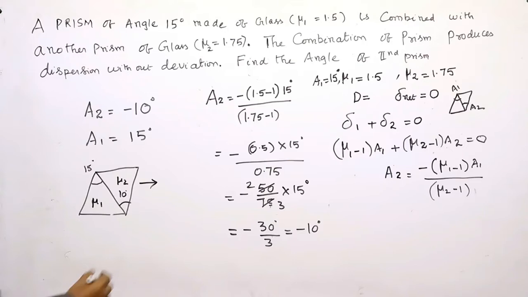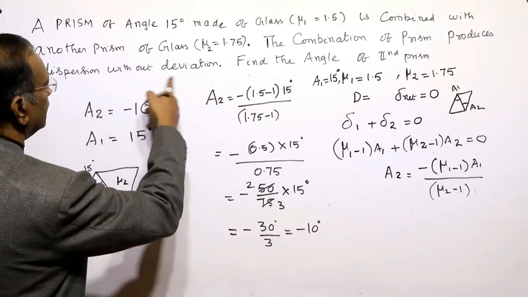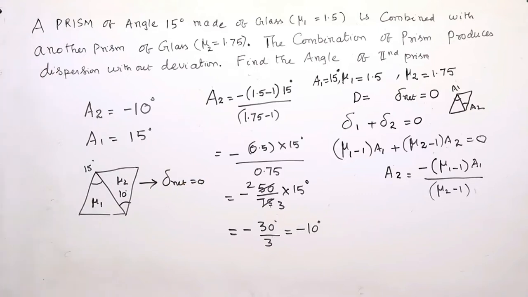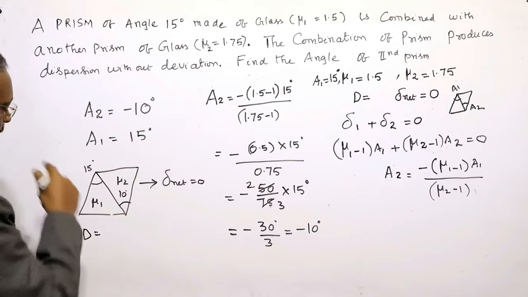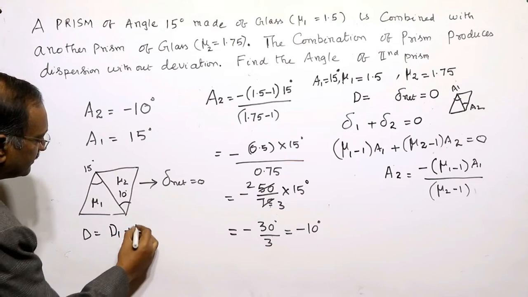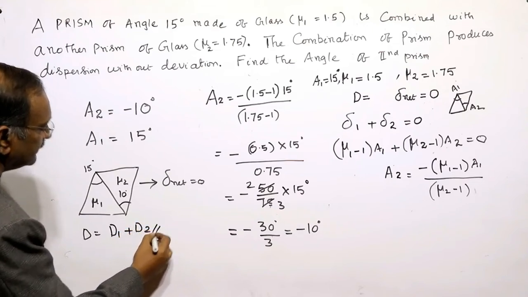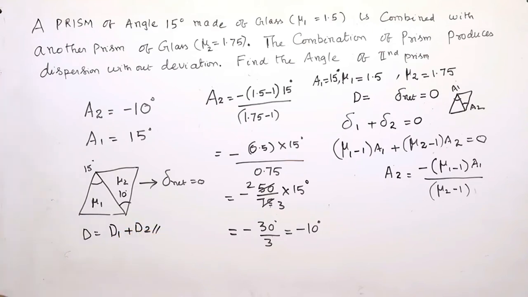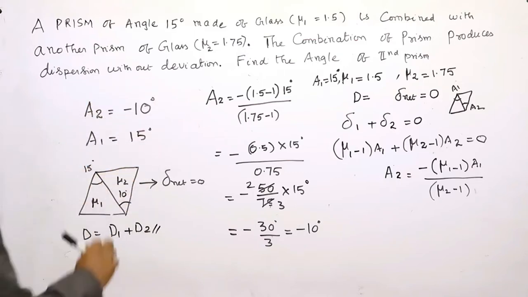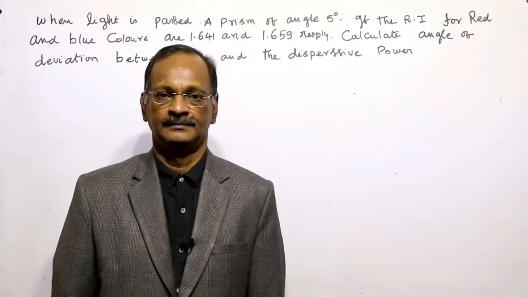This combination produces net deviation equal to 0. And dispersion is the dispersion produced by the first prism plus the dispersion produced by the second prism. So dispersion is available, but deviation is equal to 0 for this combination of prisms.